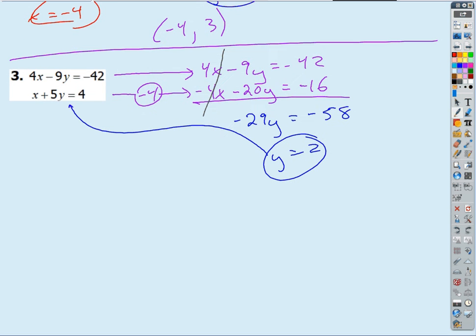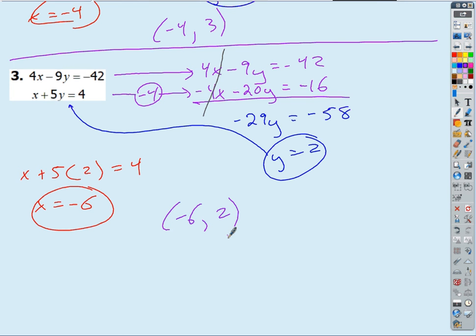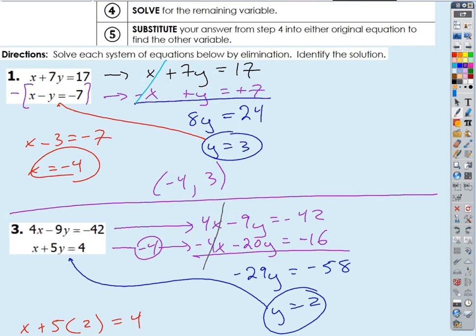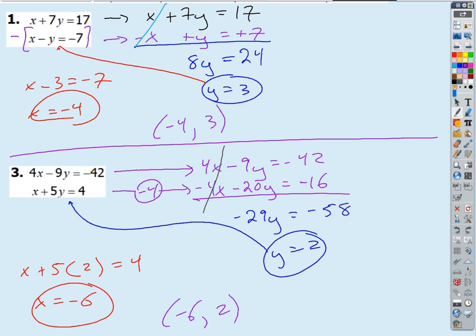And so then we'll get x plus 5 times 2, so x plus 10 equals 4, so x is negative 6. Exactly. Okay, and so we get the solution negative 6, 2. What do you think? First or second method? You take your pick. Either one, right?